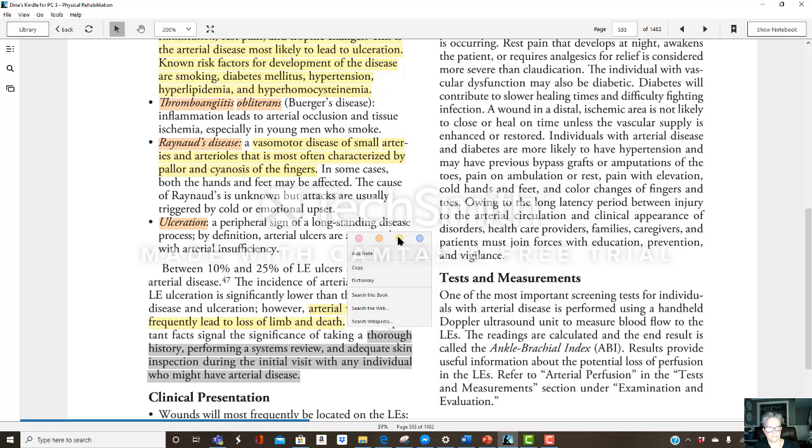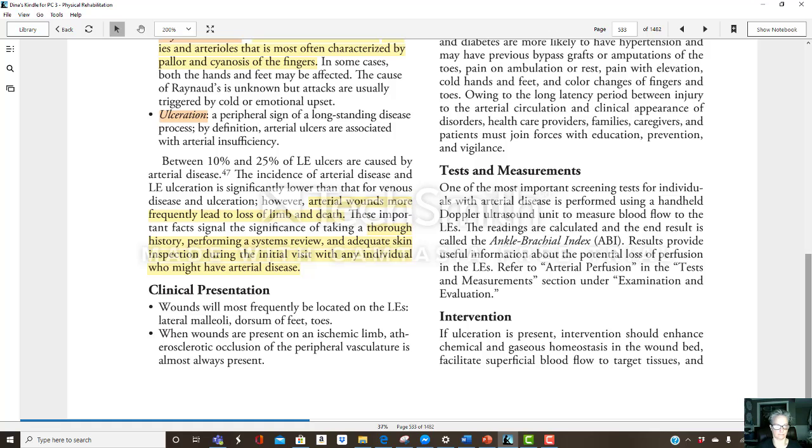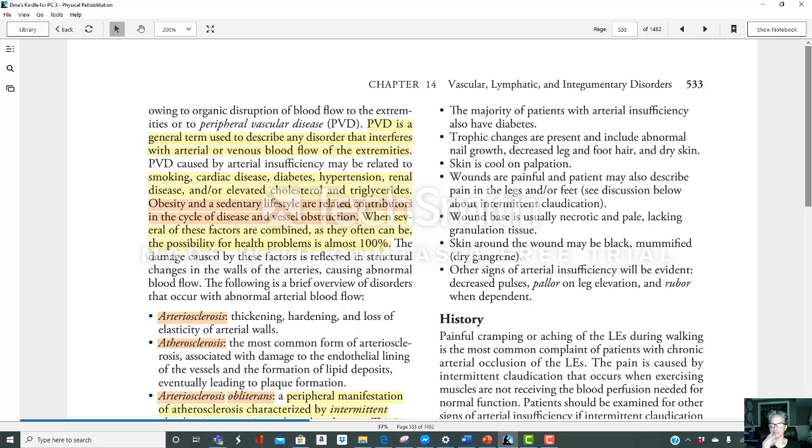Clinical presentation. Wounds will most frequently be located on the knees, lateral malleoli, dorsum of feet, and toes. When wounds are present on an ischemic limb, atherosclerotic occlusion of the peripheral vasculature is almost always present. The majority of patients with arterial insufficiency also have diabetes. Trophic changes are present and include abnormal nail growth, decreased leg and foot hair, and dry skin.